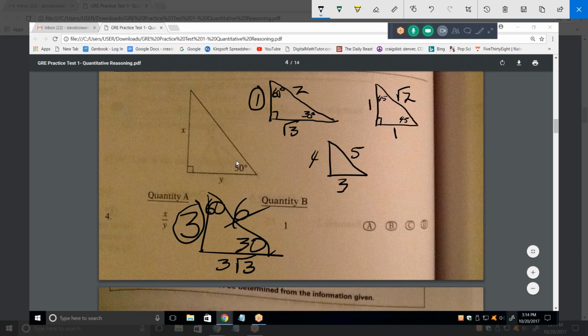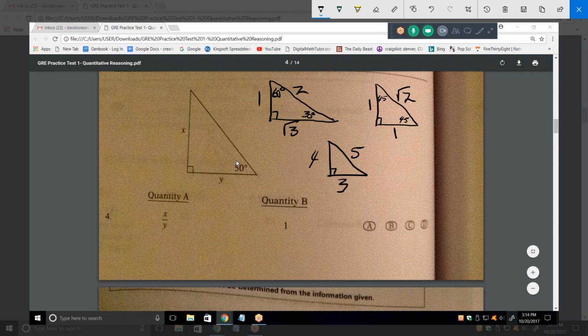Okay. So you're going to get a lot of problems like this, where it's extremely helpful to know these, which I call the unit ones. The reason I use the word unit is because the side opposite the smallest angle is always 1 in both triangles. Now, the 3-4-5, we don't actually study what those angles are. Nobody does. The 3-4-5 is one of the more common triangles, but not because of these two angles.